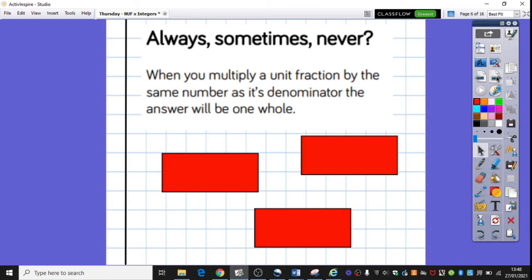So a quick little warm-up for us, always, sometimes or never. I want you to think about whether you think this statement is always true, sometimes true or never true. When you multiply a unit fraction by the same number as its denominator, the answer will be one whole. So I just want to show you one example of that.